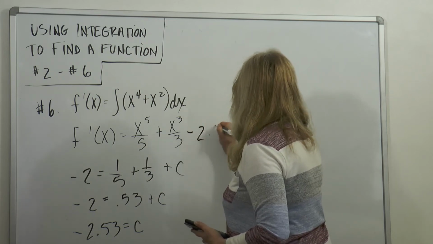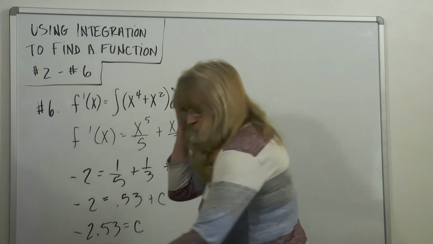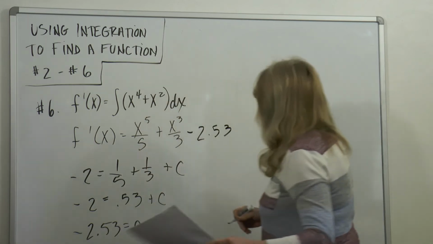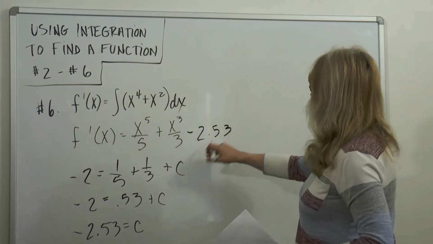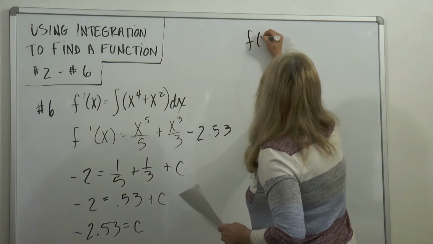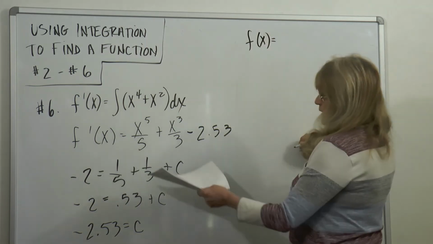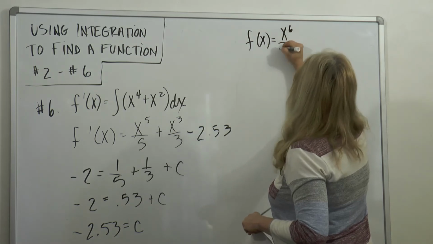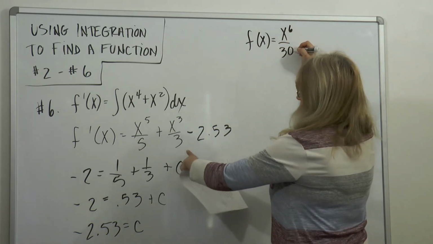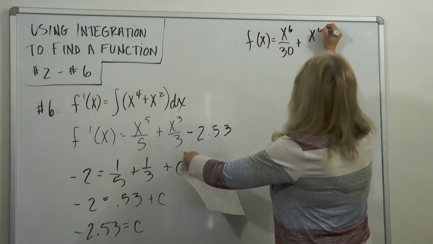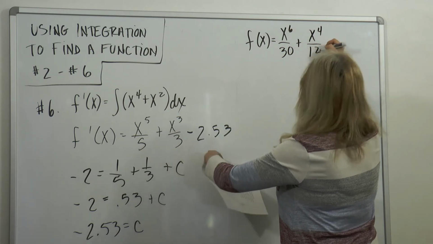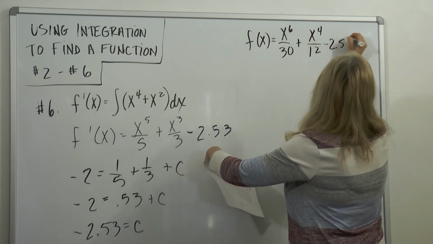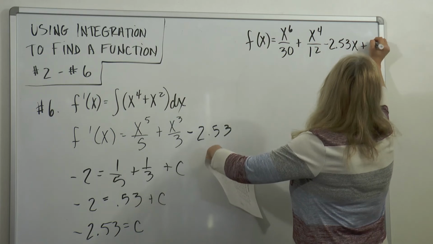Okay, so now to get f of x, I'm going to integrate this. That gives me x to the 6th over 5 times 6 is 30, plus x to the 4th over 4 times 3 is 12, minus 2.53x plus c.